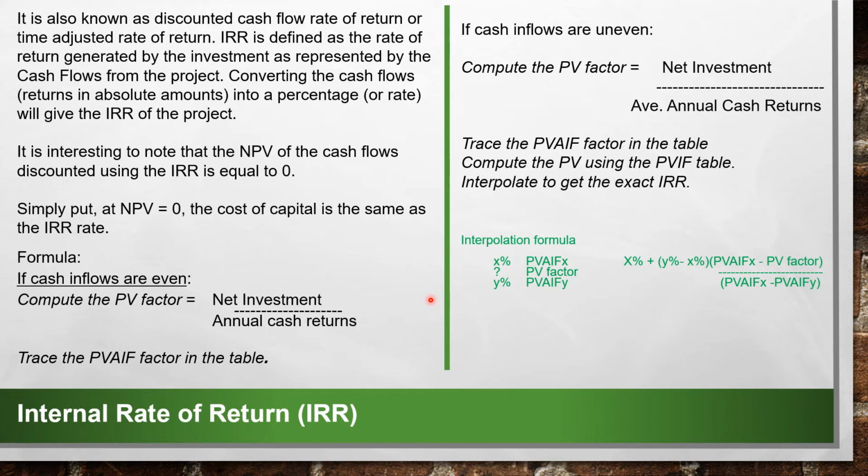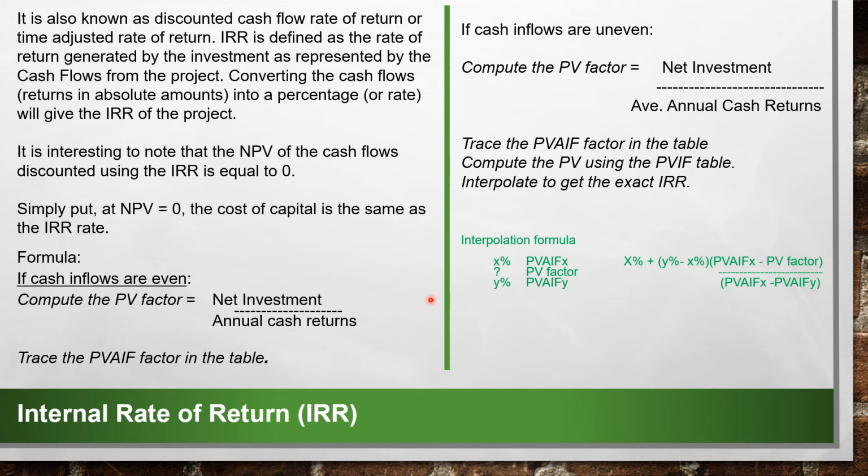If the cash inflows are uneven, we compute for the present value factor. We have the net investment divided by the average annual cash returns. Second, we trace the present value of annuity interest factor in the table. Then we compute the present value using the present value interest factor table and interpolate to get the exact IRR.